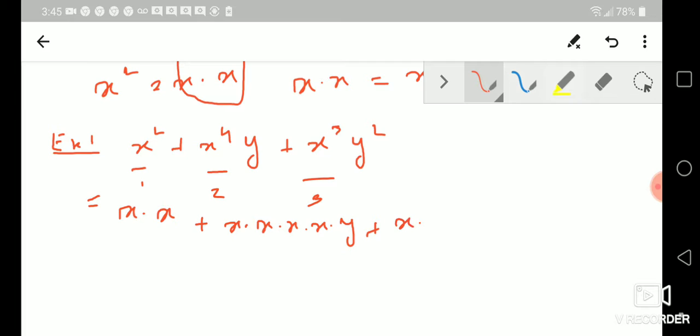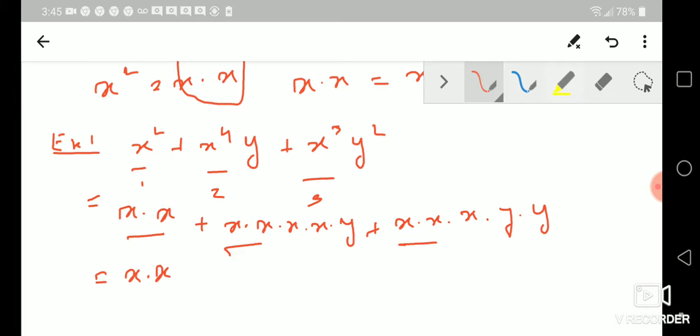For the last one we write x dot x dot x dot y dot y. If we look into all the terms after we simplified them, the first term has x and x, the second term has 4 x's multiplied, and the third one has 3 x's multiplied. But what is common between all three is x and x, x to the power 2. So this is one common factor we have, x dot x.